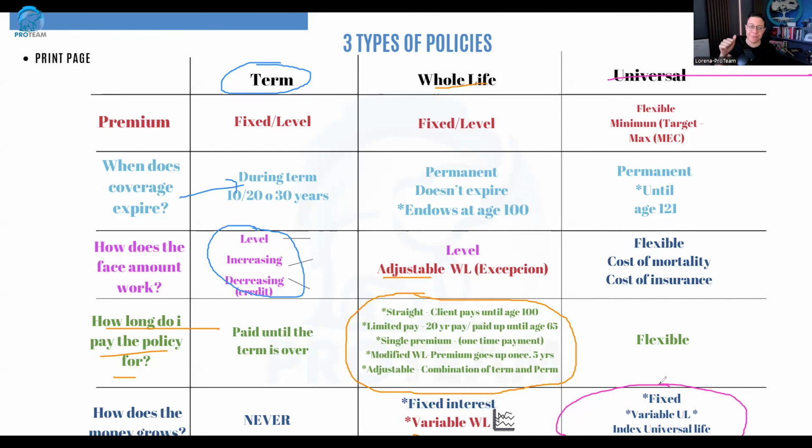So if you see universal life on its own, we automatically assume that is fixed universal life. Or you will see variable universal life, or index universal life, or equity index universal life. But you will always see universal life. Kind of like term policies will always have term somewhere in there, in universal life policies you will always see universal in it.